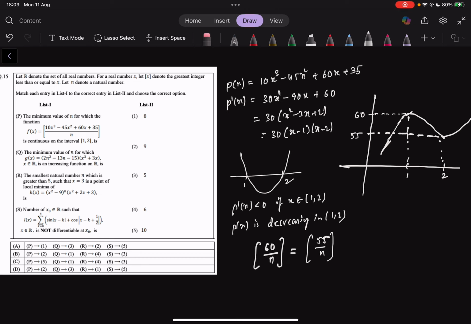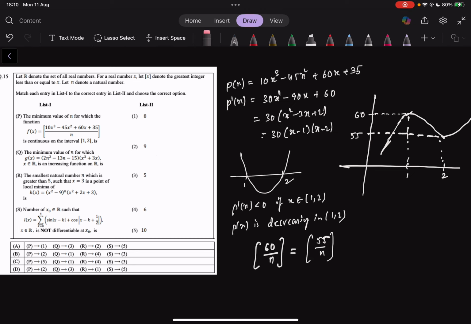So now let's start with the minimum value. Let's start with 5. If we start with 5, this is 12 and this is 11, so that is not continuous. And if you take 6, this is 10 and this is 9, so that's not a possibility. Now if we take 8, 8 7s are 56 and 8 6s are 48, so that is not. And if we take 9, 60 by 9 is 6, and 55 by 9 is also 6.